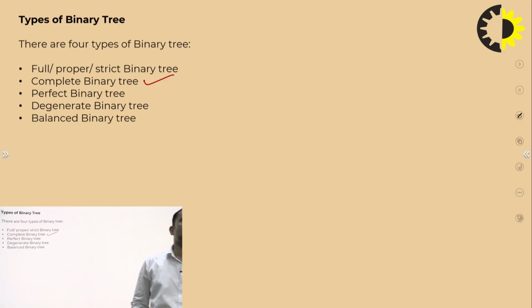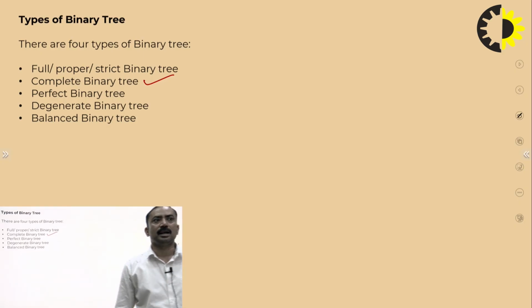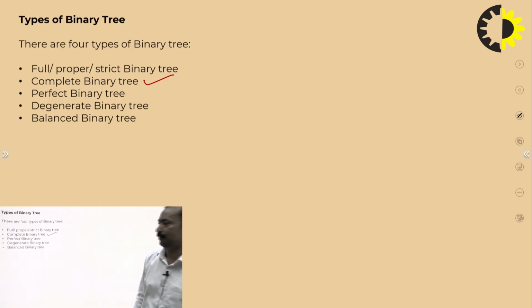The complete binary tree is a tree in which all the nodes are completely filled except the last level. In the last level, all the nodes must be as far left as possible. In a complete binary tree, the nodes should be added from the left.